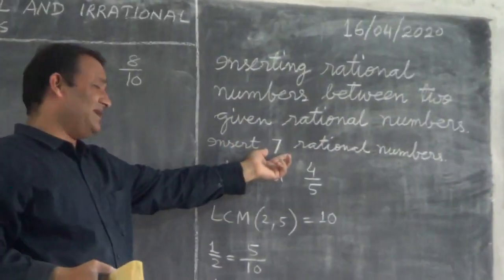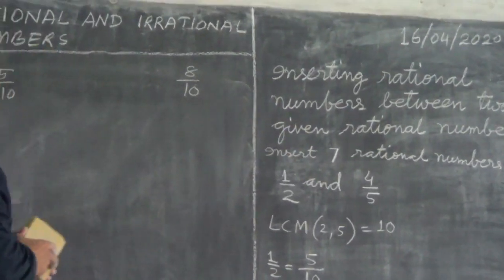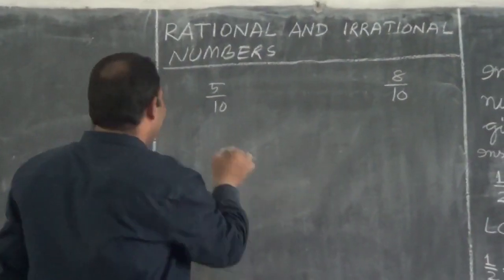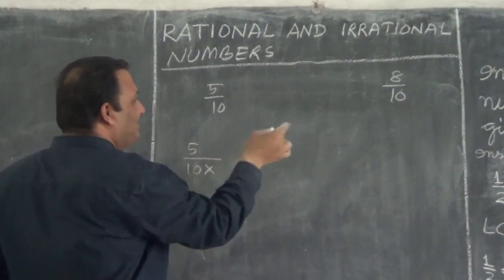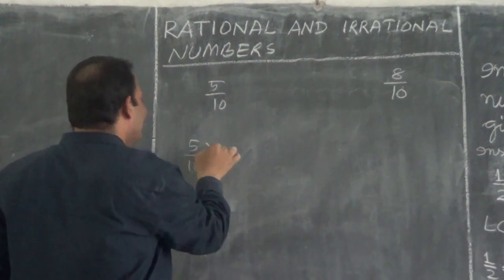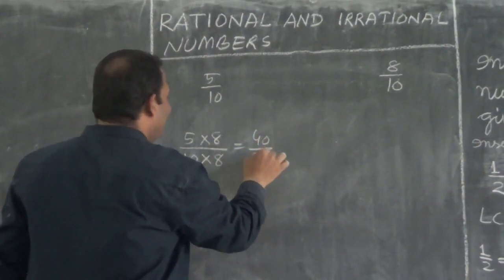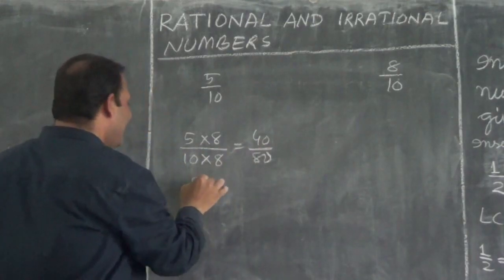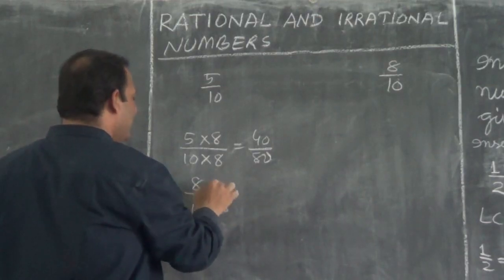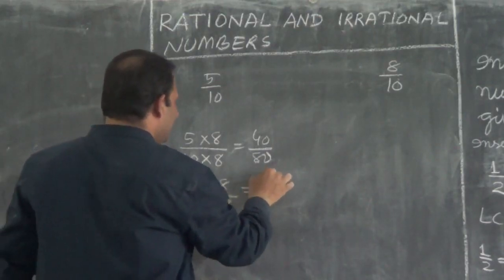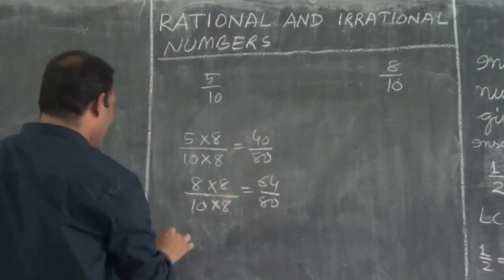We don't have 7 whole numbers, that's why now you go for that method. 5 by 10, multiply by n plus 1, that is 8, gives 40 by 80. Then 8 by 10 into 8 gives 64 by 80. Now we have 40 and 64.